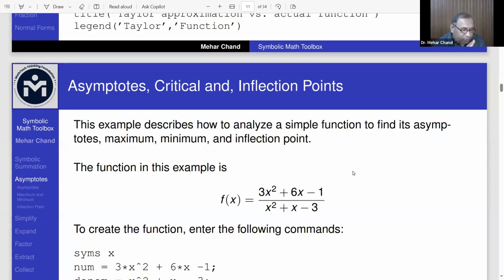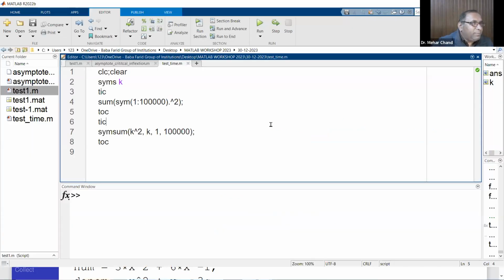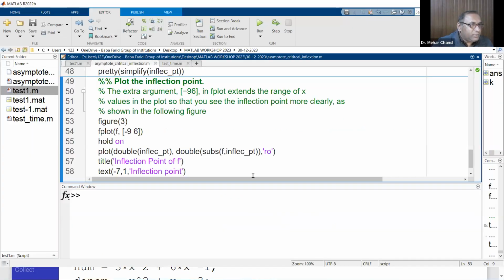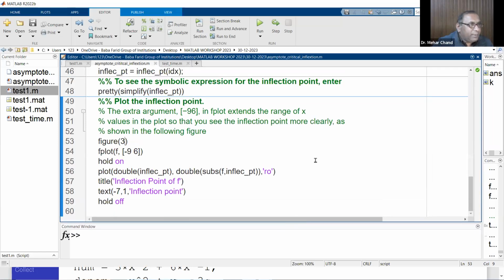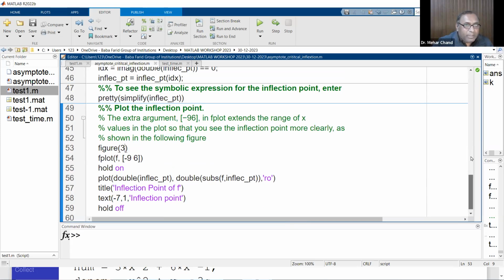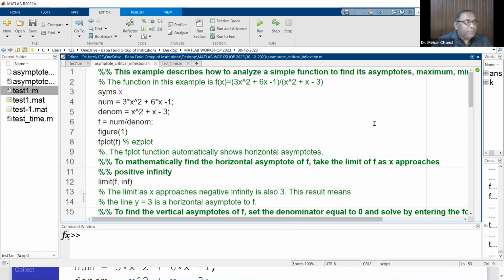We can slice or divide into subsections in MATLAB also. This will also help you understand how you can break different parts of the program. Here is the same example which I showed in the PPT.